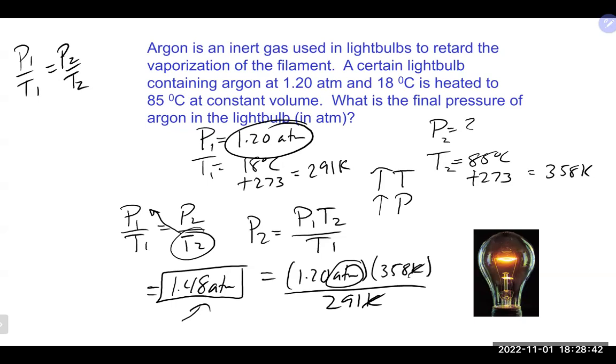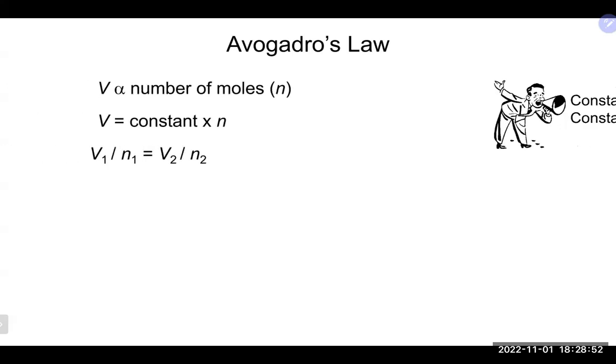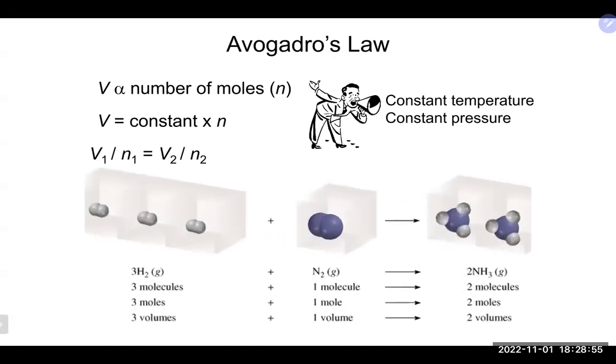Okay, so rolling through our never-ending gas law journey here, next we're going to talk about Avogadro's law. Our good friend Avogadro, he had a number, but he really wanted a gas law as well. When we think of Avogadro, that is 6.022 times 10 to the 23 is equal to a mole.